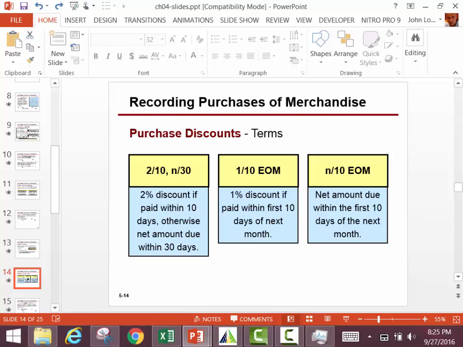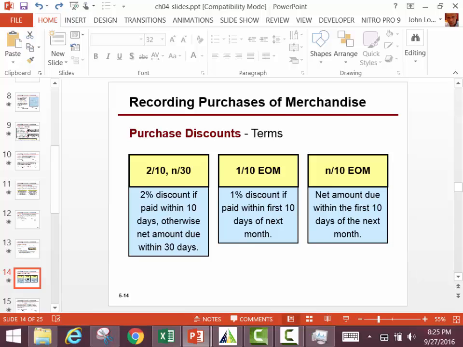We have these other ones up here, but I shouldn't say we'll always use 2/10 net 30. We could say 3/10 net 30. That means what? 3% discount, right? It could say 1/10 net 30. That's a 1% discount, okay?